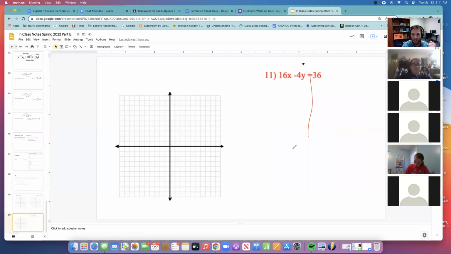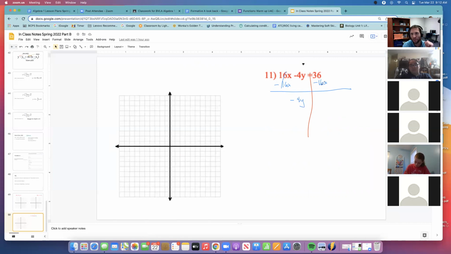Solving for what? We solve for what? Put it in the chat. Y, that's right. Solve for y. We're trying to get y by itself because our friend is y equals mx plus b. So -16x, -16x. This was the learning target from last week. -4y.